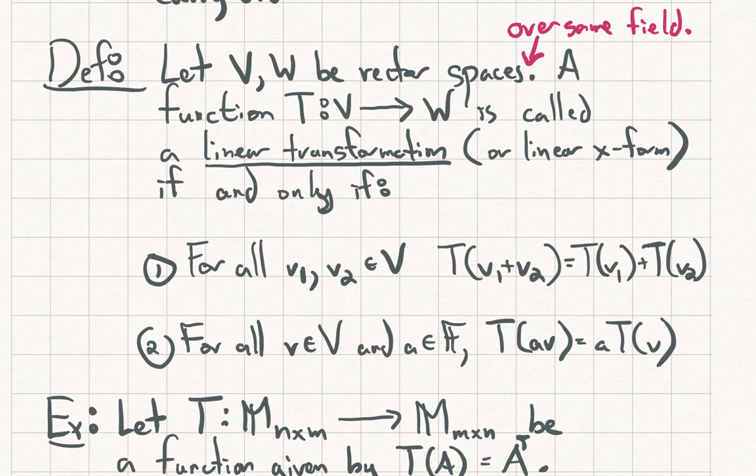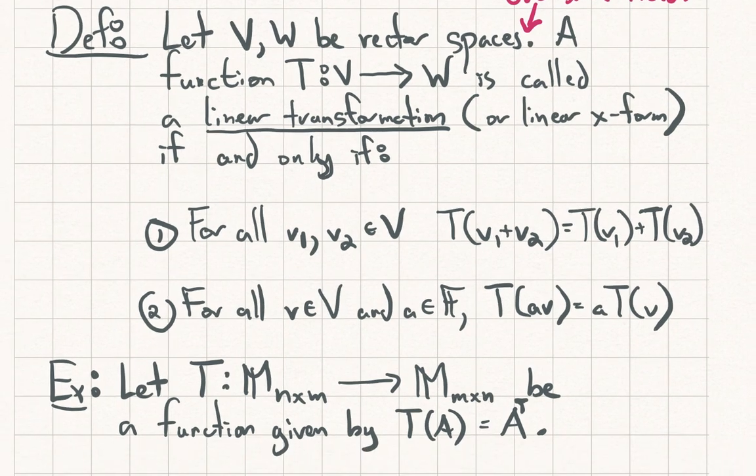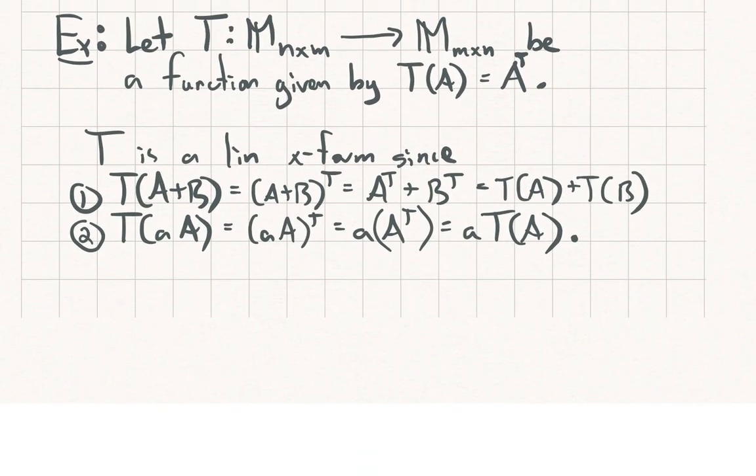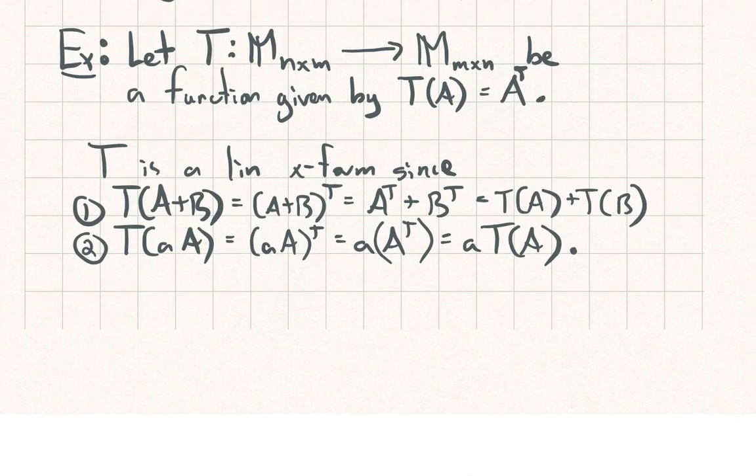So let's take a look at a few linear transformations here. Here we have a linear transformation, and it goes from the set of n by m matrices, so matrices that have n rows and m columns, to the set of matrices that have m rows and n columns. The definition of this transformation is the following.